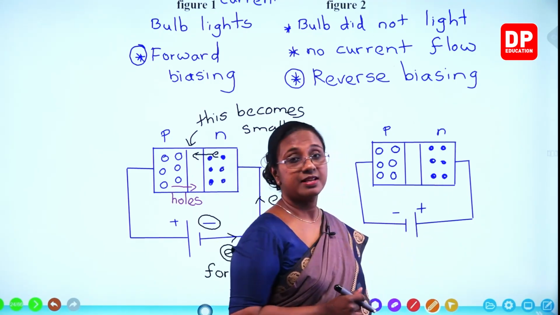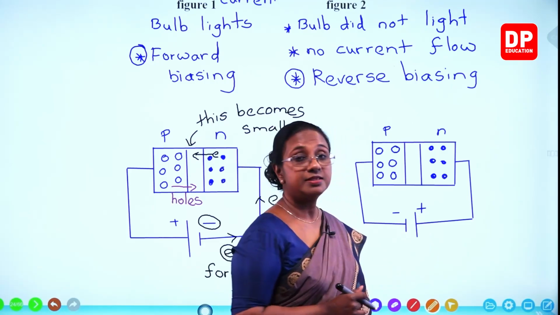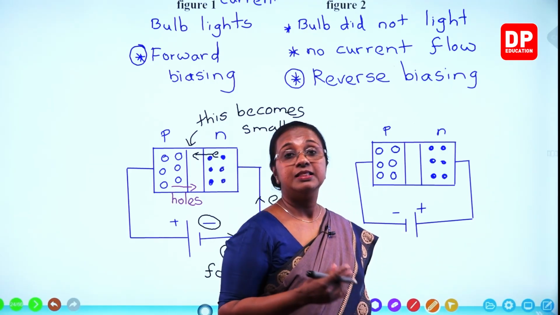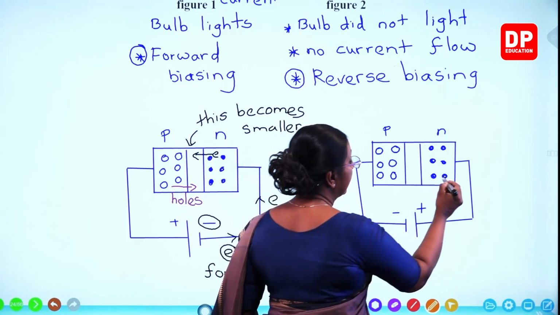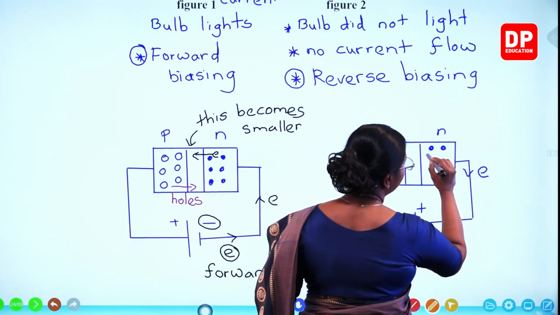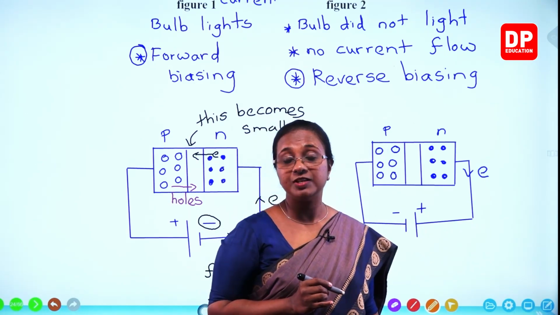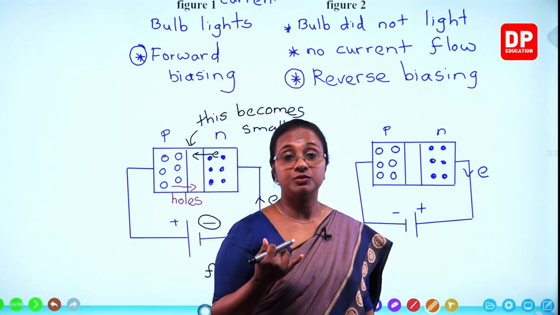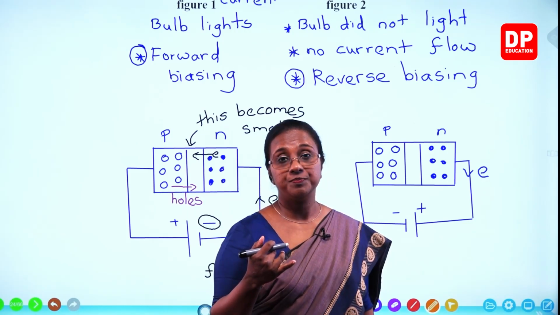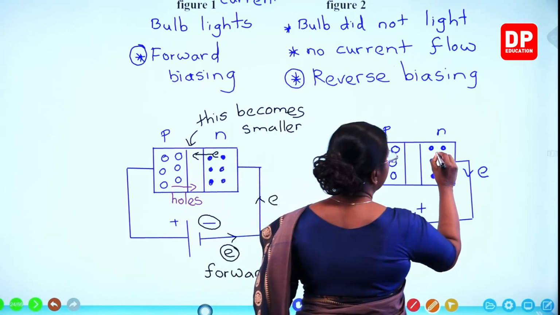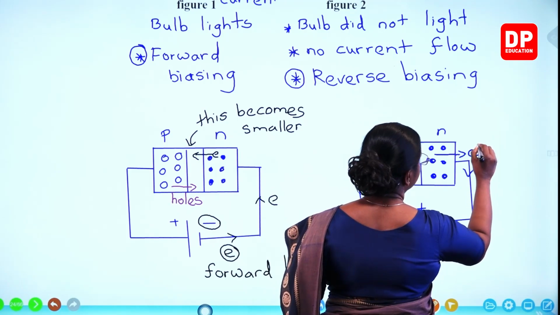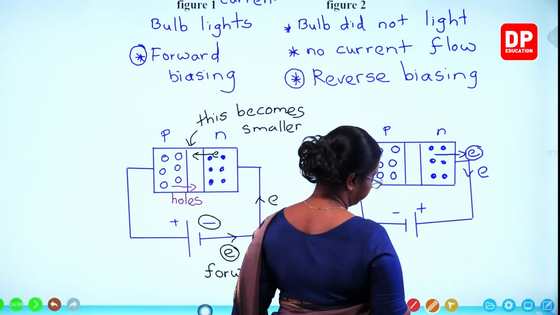N region is negative electrons, and this is the positive terminal. Then what will happen? The electrons will start flowing from the N region towards the positive terminal. They get attracted to the positive terminal. Because of that, electrons will start moving this way.